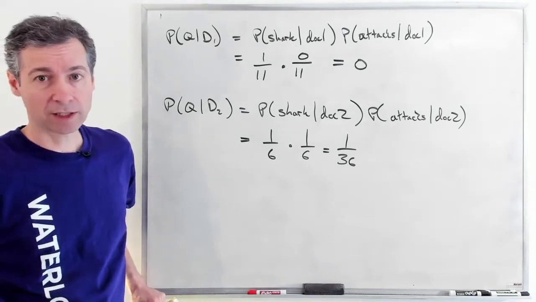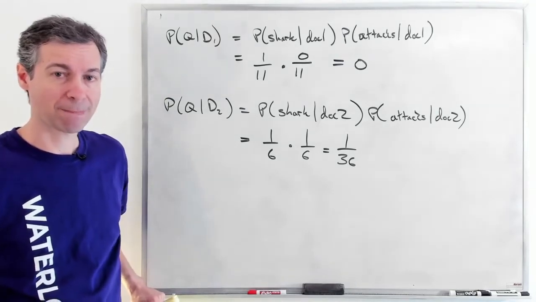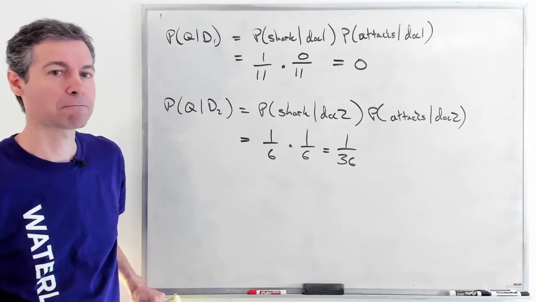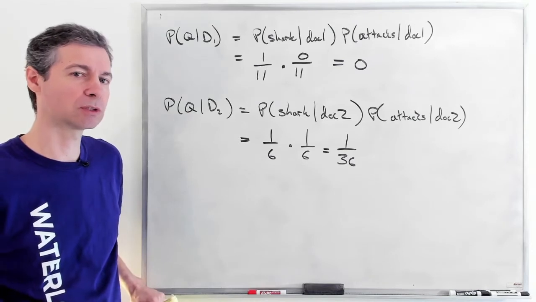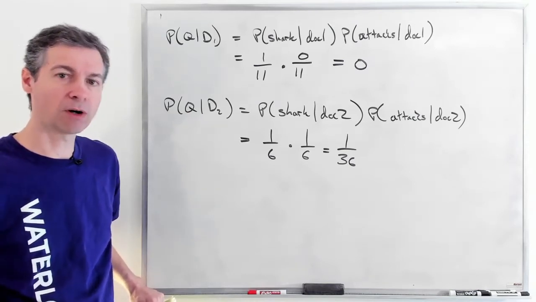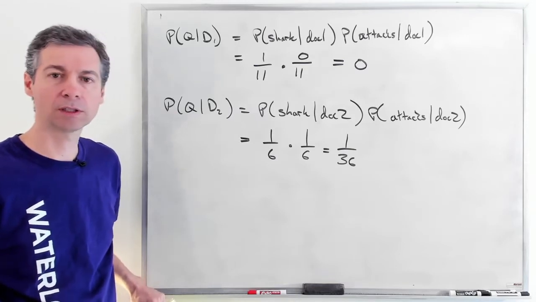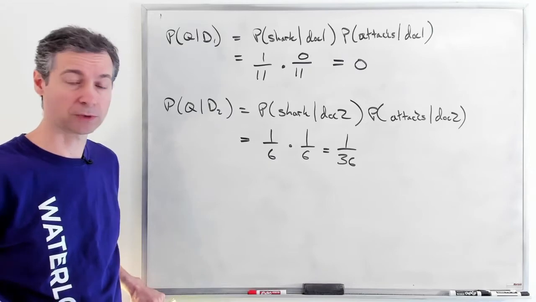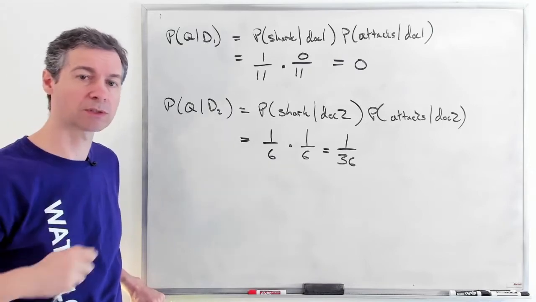Documents like document 1, which do talk about sharks, but fail to mention the word attacks, are always going to get a query likelihood score of 0 if they're missing one of the words.